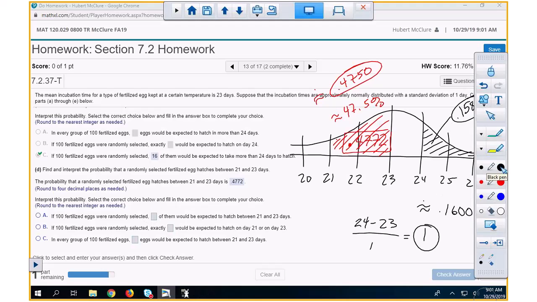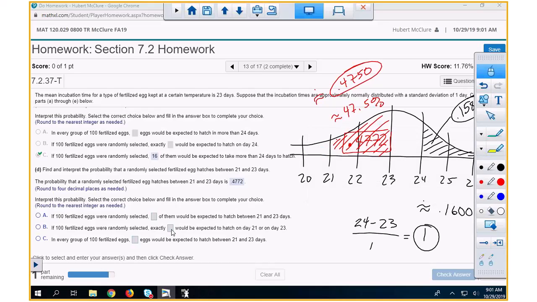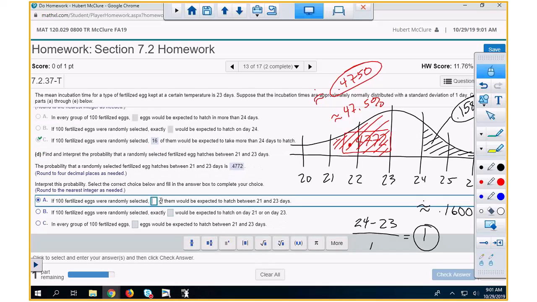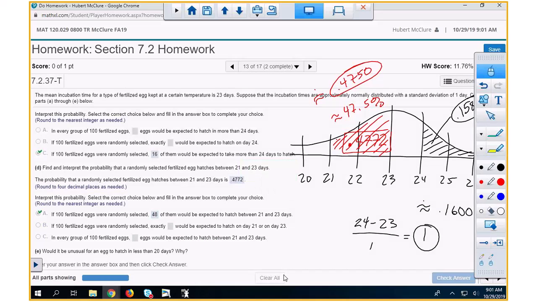A. A is 48. See? Okay, which one? A, 48. And you feel good about yourself.